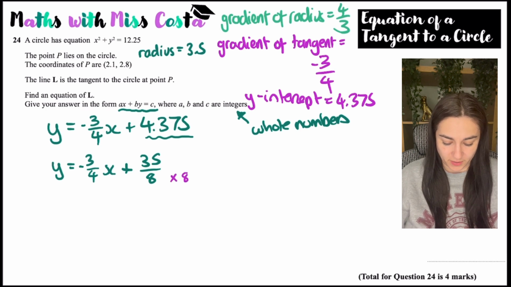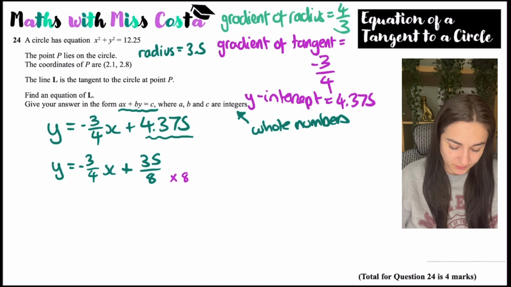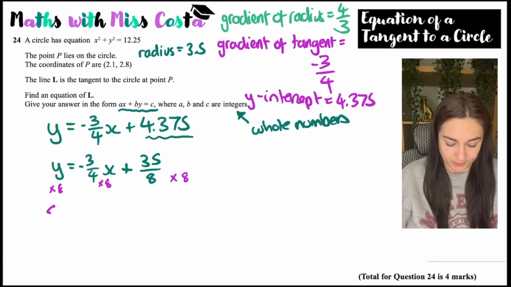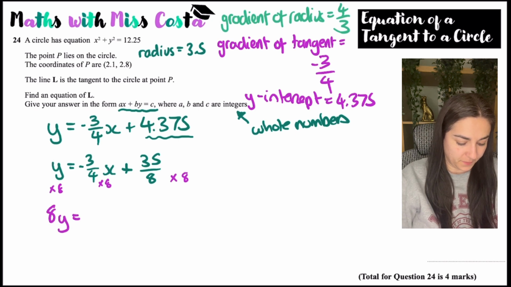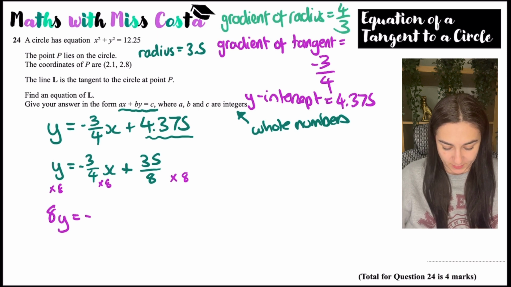Well, I can multiply by 8. So I can just multiply everything by 8. I'd be left with 8y equals, and minus 0.75 times 8 is going to give me minus 6x, plus 35.